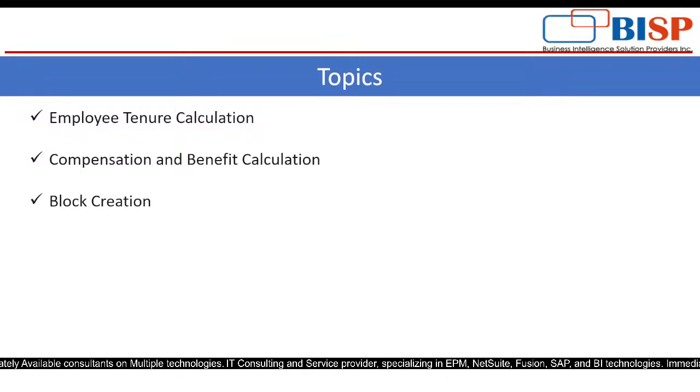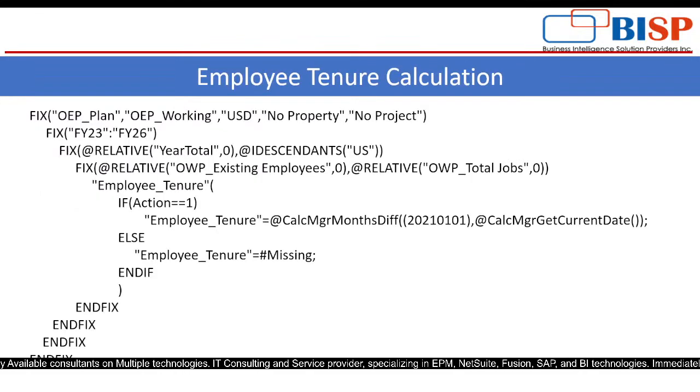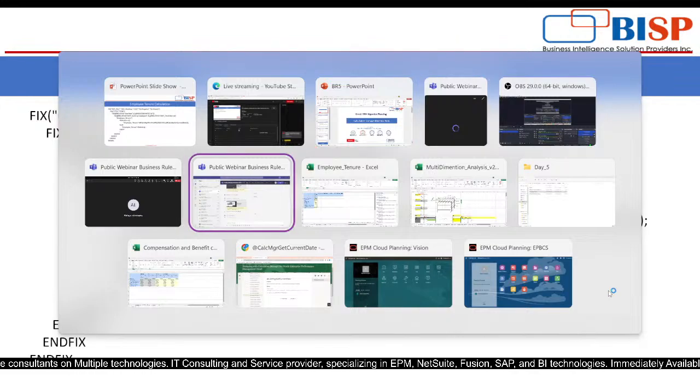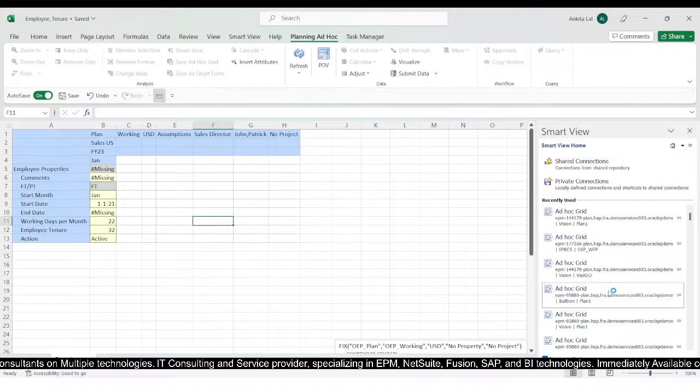So now we will start with the employee tenure calculation first. Before that, I would first like to show you the requirement. Here in the given sheet, we are calculating the tenure of the employee in an organization, named John Patrick, who is working as a sales director.